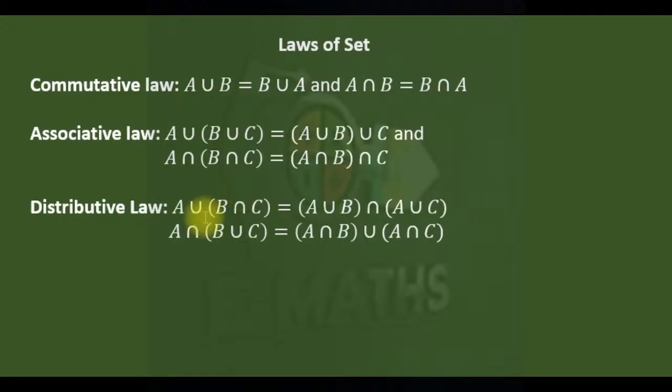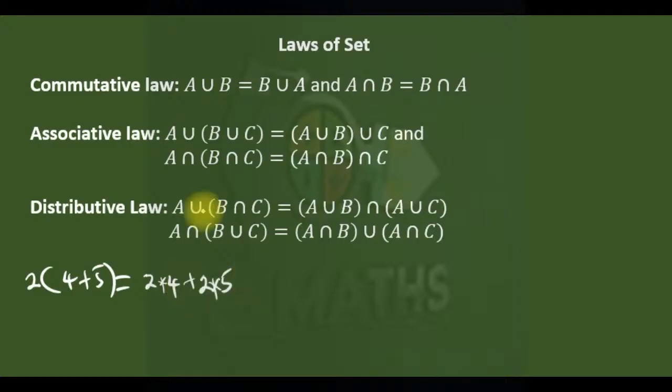Distributive law is like opening of brackets when you are asked to multiply terms. If you notice the symbols here and here, they are different: union, intersection, intersection, union. So it's like multiplying. Let me use an example. If you have 2 times 4 plus 5, when you open it, it means 2 times 4 plus 2 times 5.